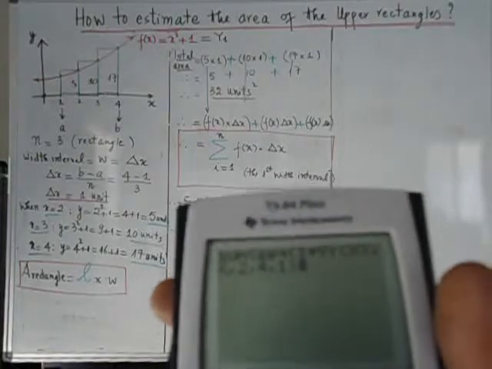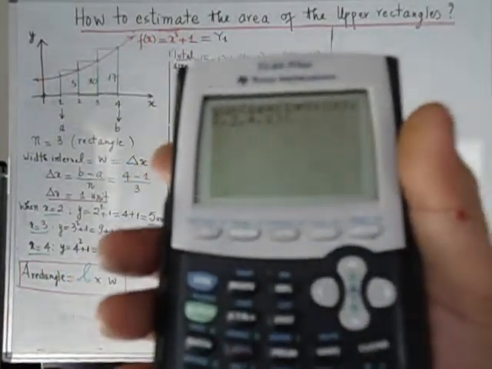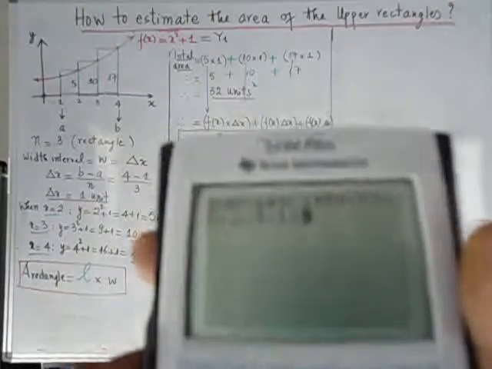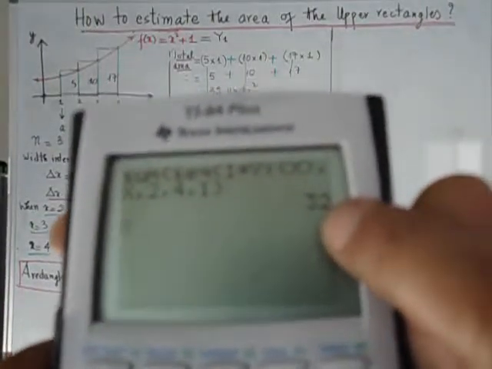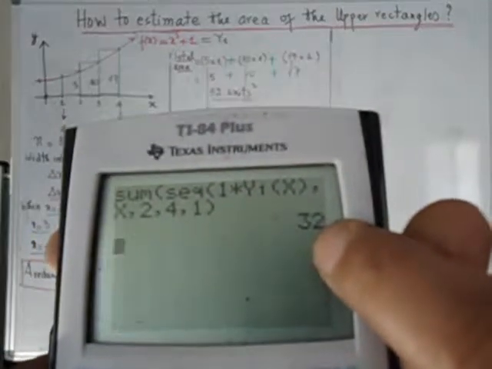So it's like this. Did you see it? Now we press enter. The answer is 32 unit power 2.